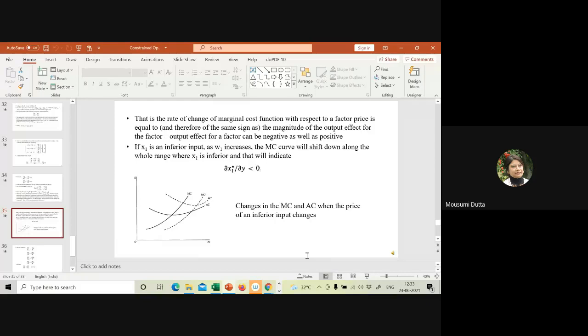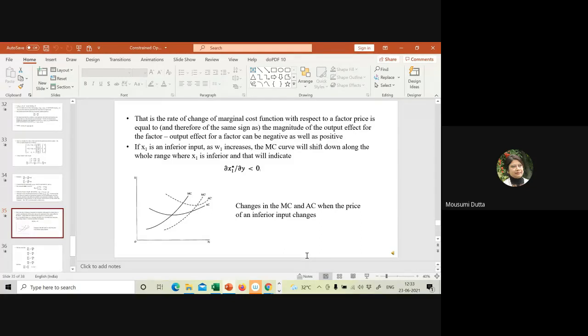If X1 is an inferior input, as W1 increases, the marginal cost curve will shift down along the whole range where X1 is inferior, and that will indicate del X1 star by del Y less than 0. So all these possibilities are coming.